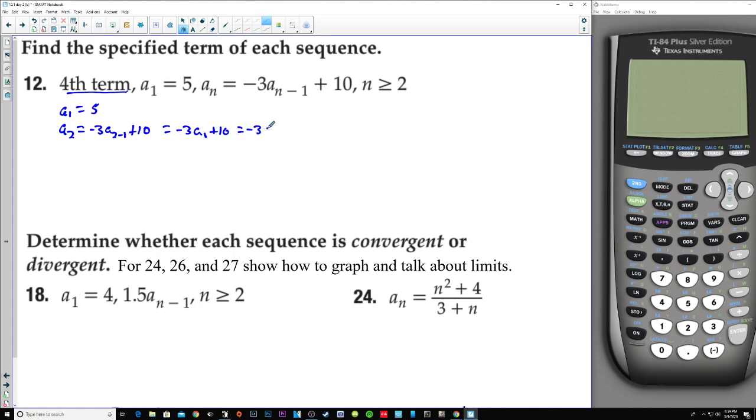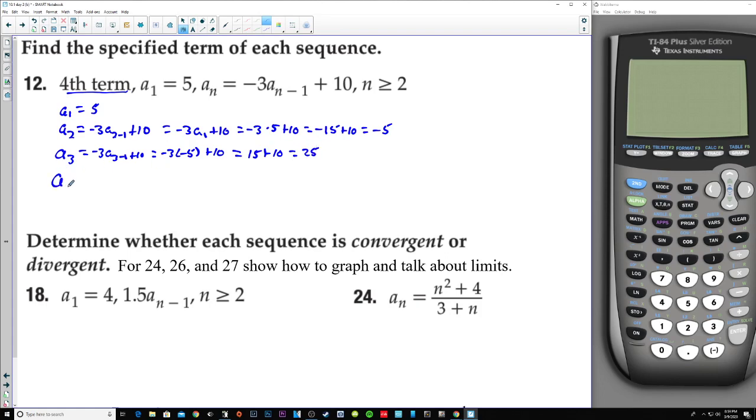So negative 3 times 5 plus 10 is negative 15 plus 10. That's negative 5. And then the third term is negative 3 times a sub 3 minus 1 plus 10. Well, that's the second term, so that's negative 5. So we have negative 3 times negative 5 plus 10, 15 plus 10, and that is 25.